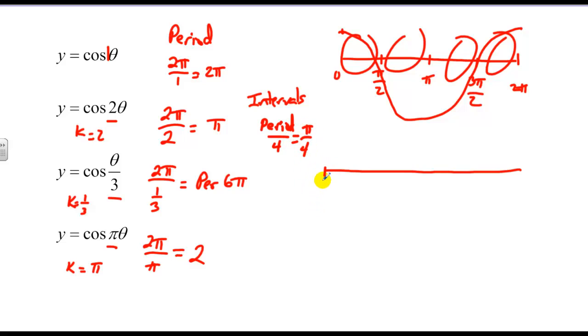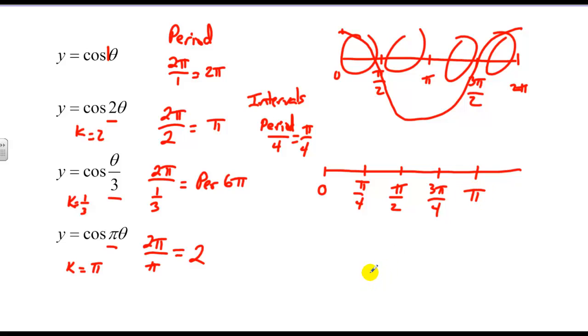So what I'll do is start out at 0, then go pi over 4, because that's the first interval. Pi over 4 away is my next, which is pi over 2. 3 pi over 4, because I'm adding pi over 4 each time. And pi.